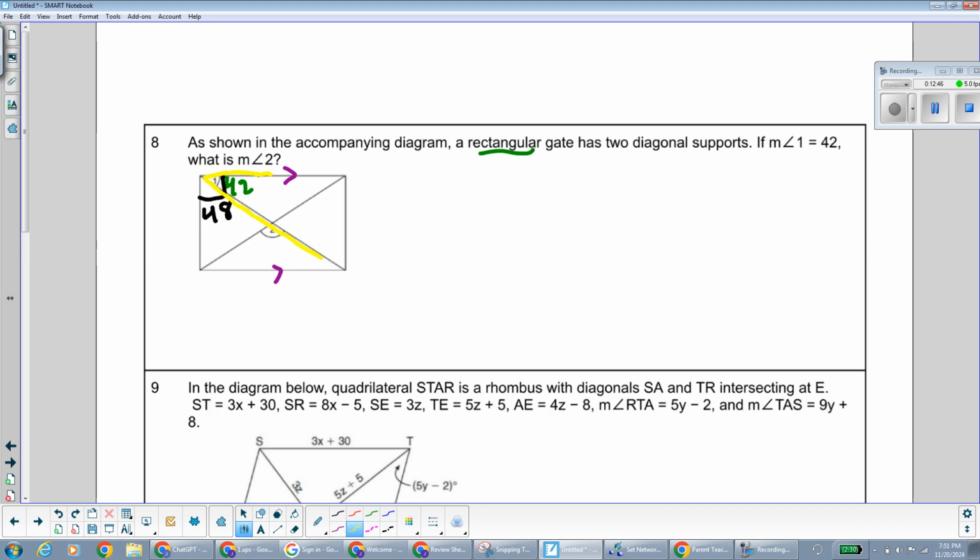And when I have parallel lines cut by a transversal, alternate interior angles are congruent to each other. Let's get the alternate interior angles from the other side as well.